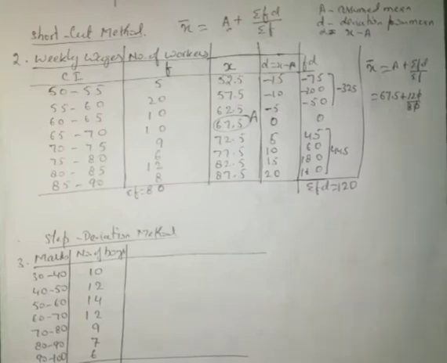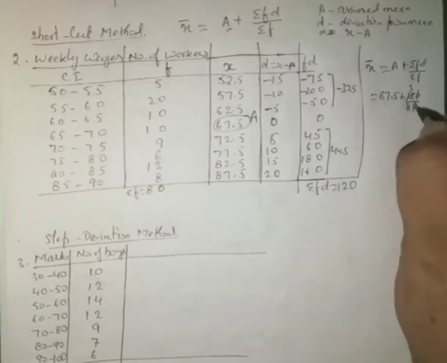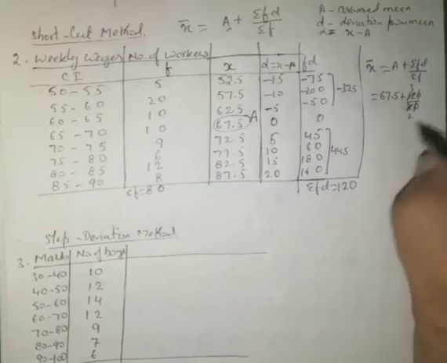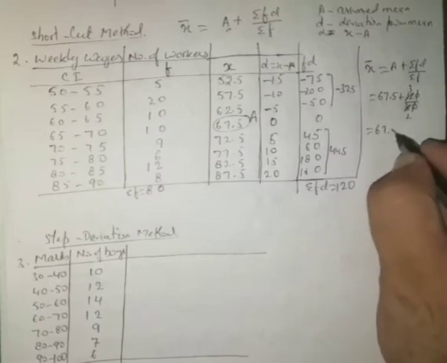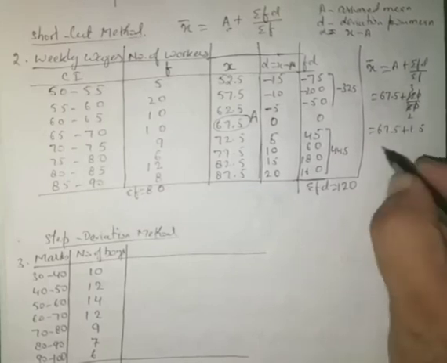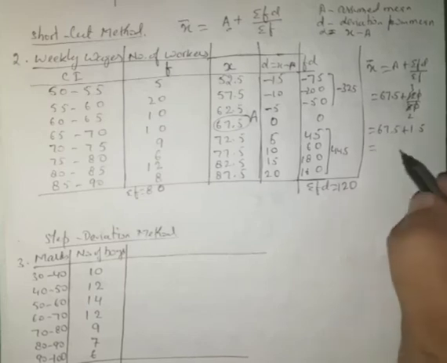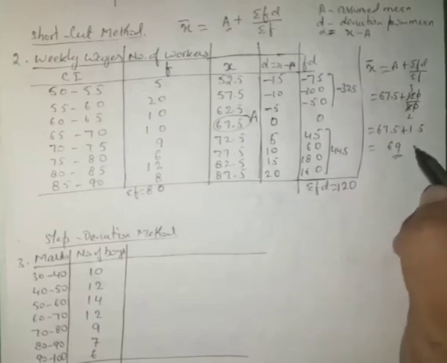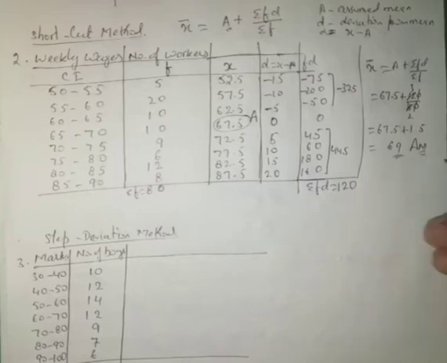So 12 divided by 8, these two will get cancelled by 4. So 4 3s are 12 and 4 2s are 8. So this will be 1.5. So it will be 67.5 plus 1.5, which is 69. So the mean weight is 69. So this is the answer.